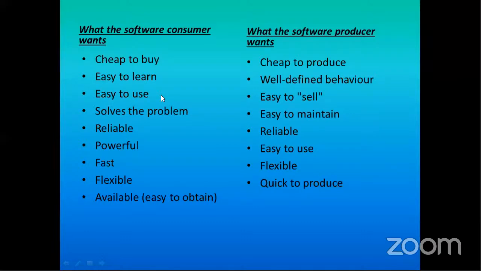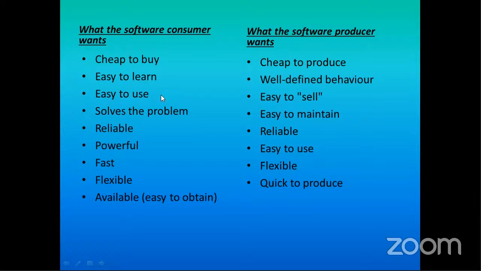The producer must work on what the consumer wants, otherwise the producer will remain with his product. That's why he has to make sure that the software he's producing is cheap to produce and will not put much cost. Otherwise, when you use much cost to make a software, it will be too expensive for most of the clients to afford.